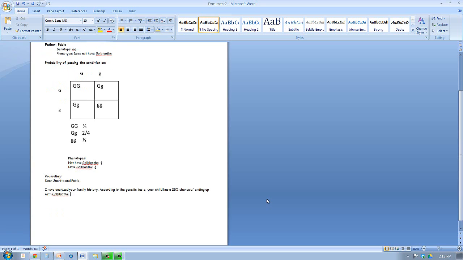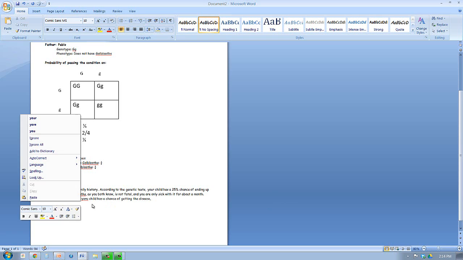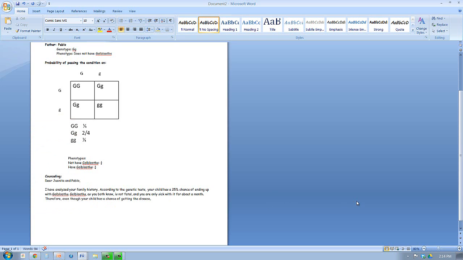Goldbluths, as you both know, is not fatal, and you are only sick with it for about a month. Therefore, even though your child has a chance of getting the disease, I'm going to go back and fix my mistake, I think it is okay for you to have a child because the disease is not that serious. And then you could sign it off.